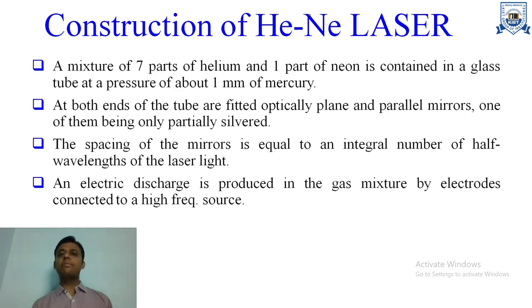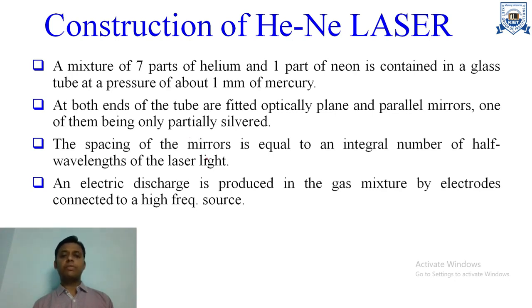Construction of the helium neon laser. A mixture of 7 parts of helium and 1 part of neon gas is contained in a glass tube at a pressure of about 1 mm of mercury. It means a majority of helium atoms and a minority of neon atoms. At both ends of the tube are fitted optically plane and parallel mirrors, one of them partially silvered and one fully silvered.